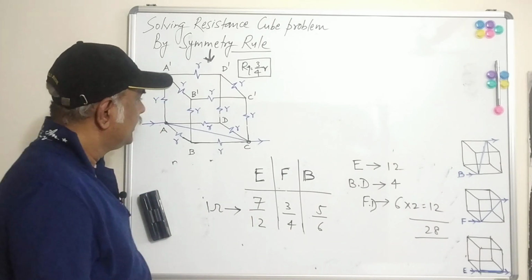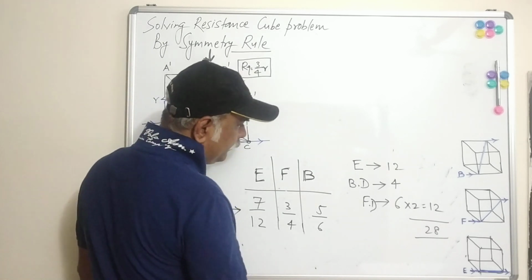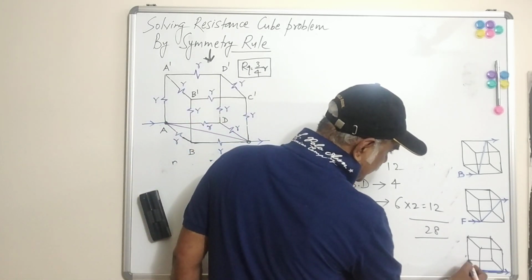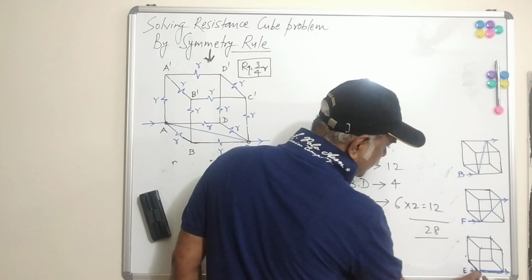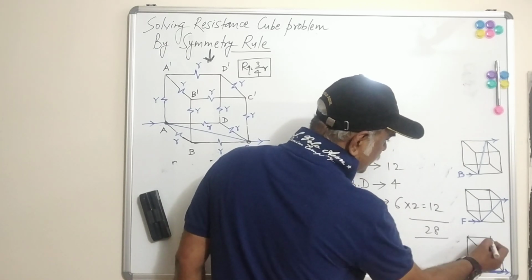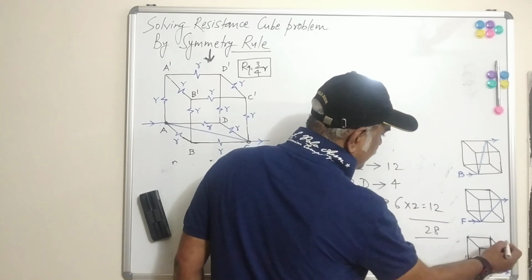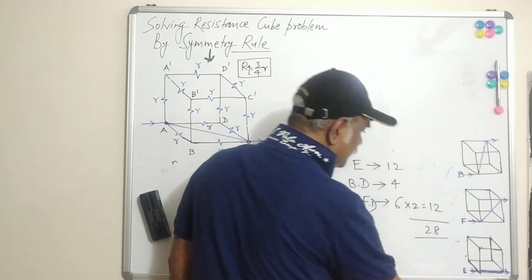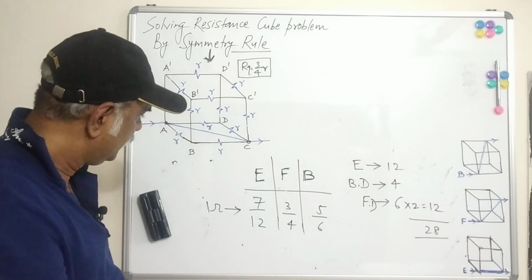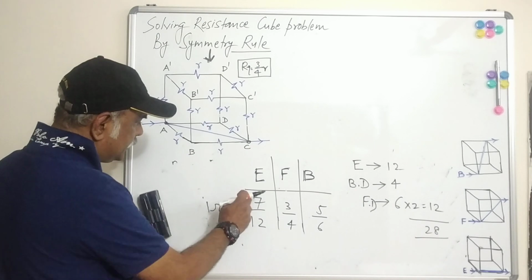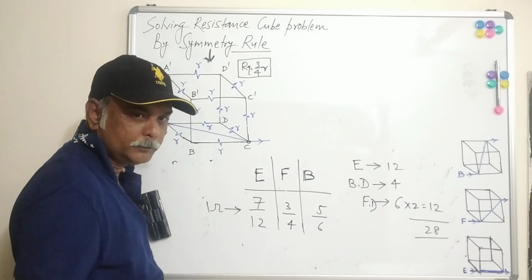Meaning, irrespective of whether you are being asked to find the equivalent resistance about this edge, this edge, this edge, whatsoever edge, the answer will be 7 by 12 ohms.